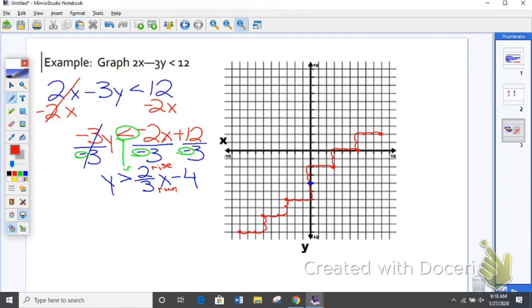Looking at my inequality, am I going to use a solid line or a dashed line? Okay. Because I don't have the equal to bar, I'm going to use a dashed line. So I line up my straight edge.